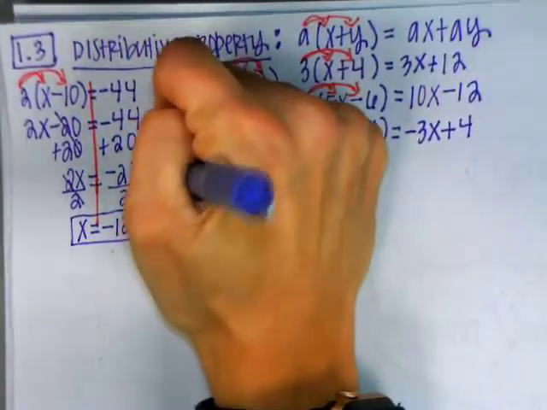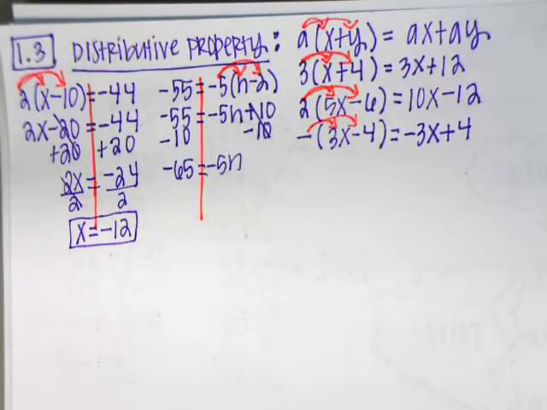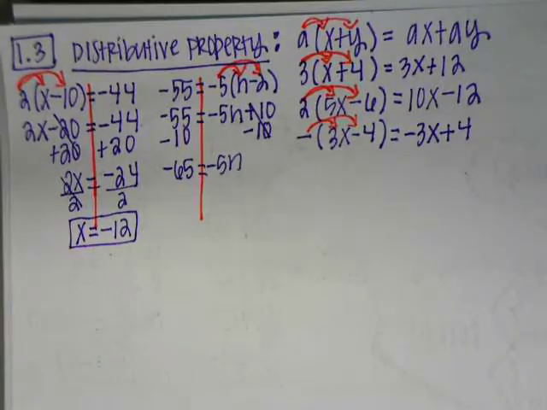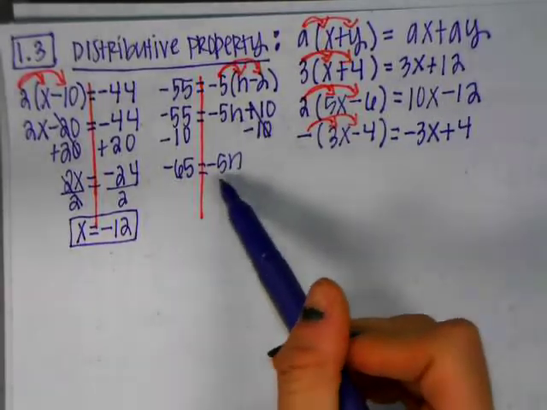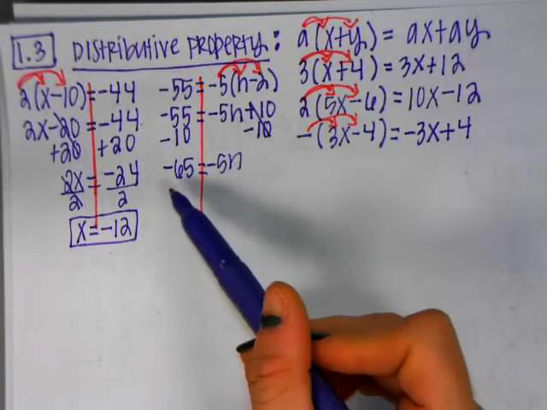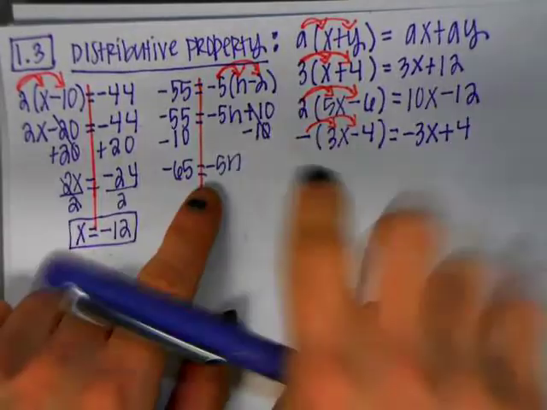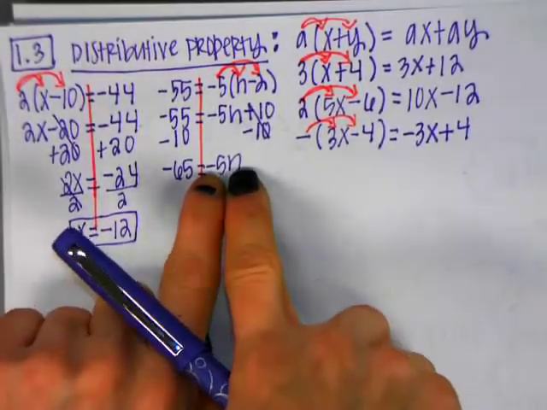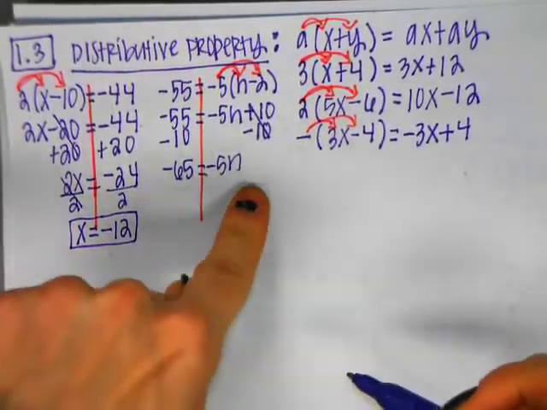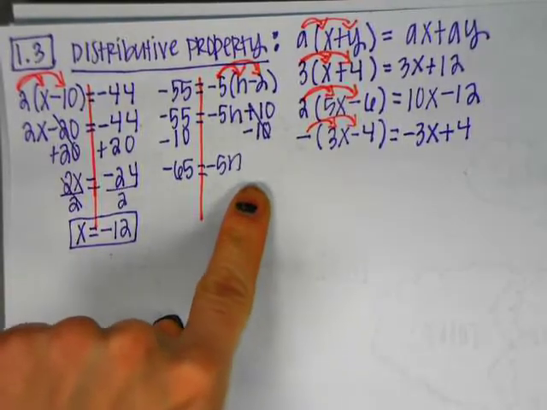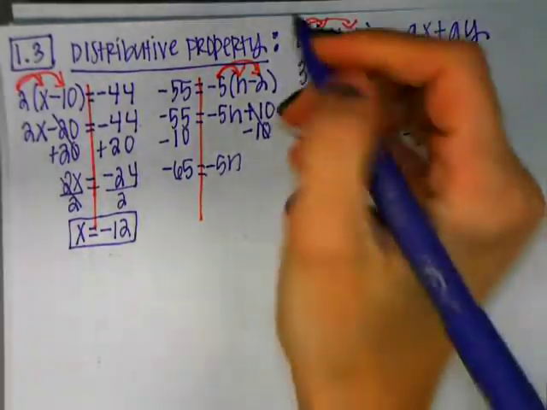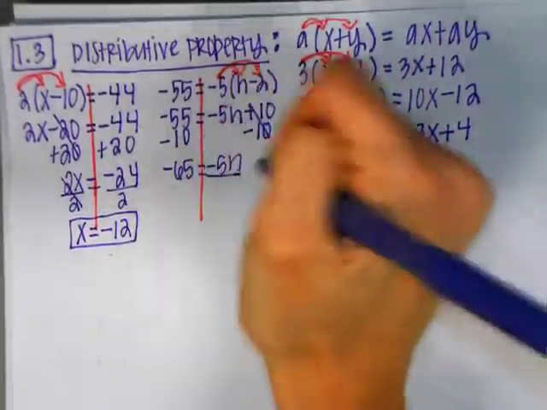Yep, negative 65. Okay, on the quiz, here's where I saw some mistakes, and I understand the mistake because it makes sense. So a lot of people, as soon as it's a negative that's being multiplied, they're trying to add it over instead of divide it. So you have to look at what's happening between these two things. So negative 5 is being multiplied to n, so no matter what, you're doing the opposite of multiply, not the opposite of the sum. Okay, so what am I going to do? Divide by what?